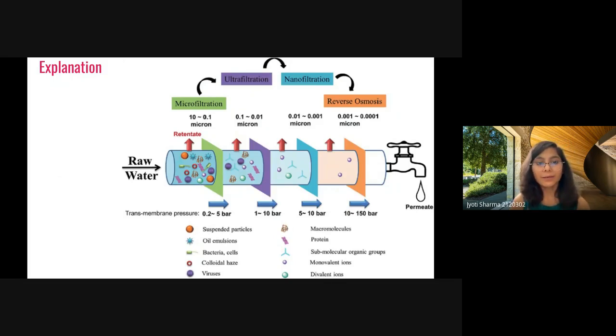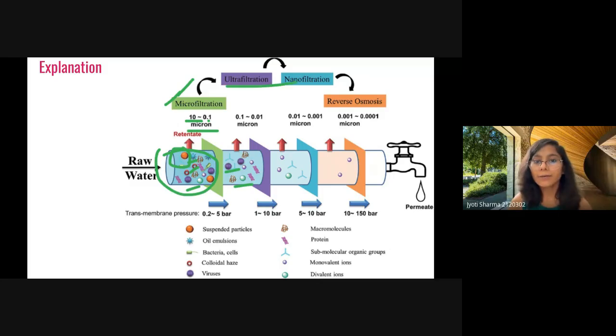You have water, and water may have bacteria, viruses, and some solutes that are dissolved in your raw water. Then if we have a membrane with a pore size of 10 to 0.1 micron, that will come under microfiltration. So the big particles would be removed, but some would cross that membrane.